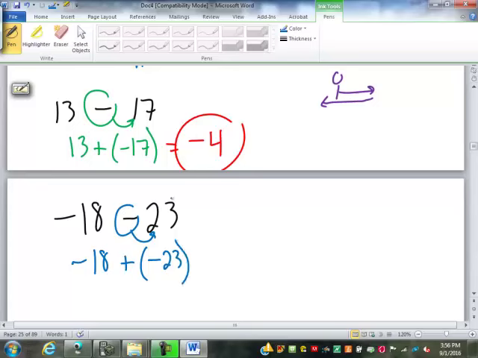So instead of subtracting 23, we're adding a negative 23. And for our picture, here's 0. Negative 18 goes negative. Negative 23, same or opposite? Same. So this is telling us our answer is a negative. And we combine the values, add the values. 18 and 23 make 41.